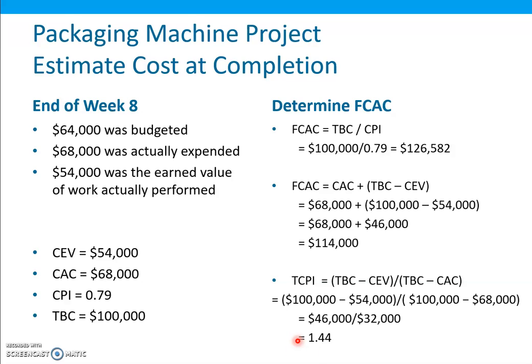So 1.44 simply indicates that for every $1 actually spent, we have to perform $1.44 worth of work to complete the project at the budgeted cost. Definitely, it is a difficult task.